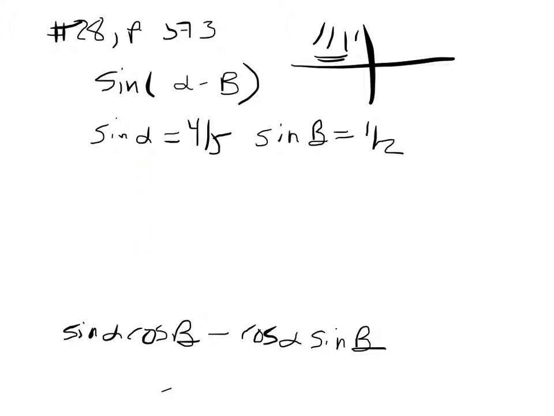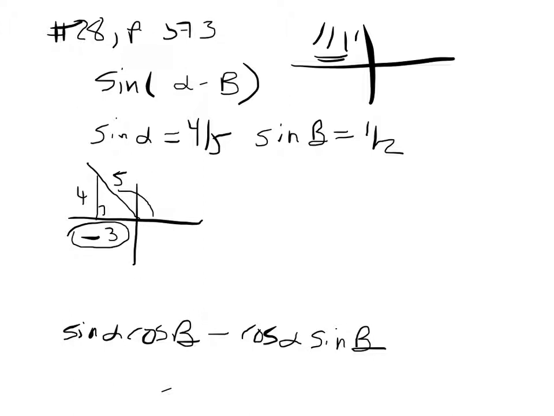Set up your alpha here. You know it's going to be somewhere here in the second quadrant, and you know your sine is 4/5. So go ahead and create a 4, 5 with your right triangle, and then your missing piece, you know that's going to be a -3 because it's a 3, 4, 5 triangle.